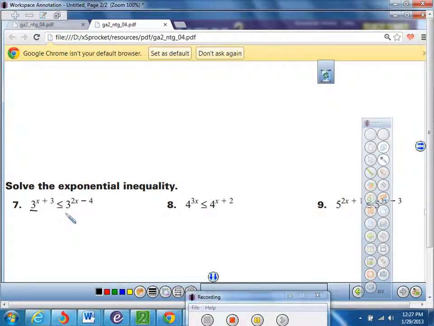So, same base. So we'll write x plus 3 less than or equal to 2x minus 4. Okay, get like terms together. Now, with this one, you can move either way. I want my variable on the left, so I'm going to subtract 2x from both sides.